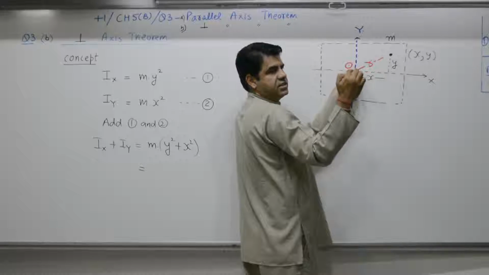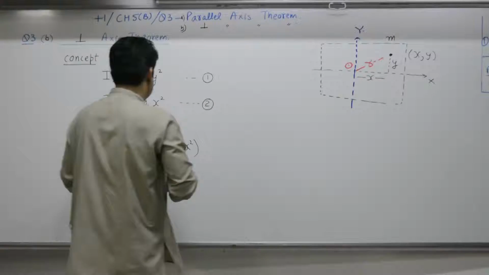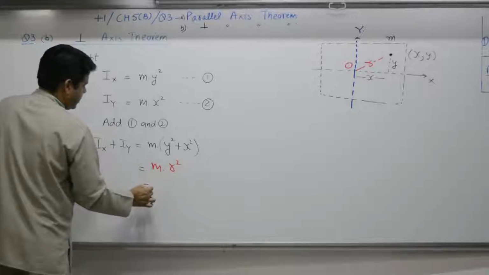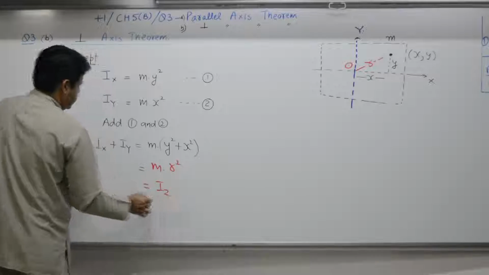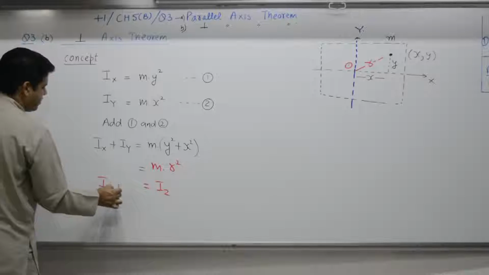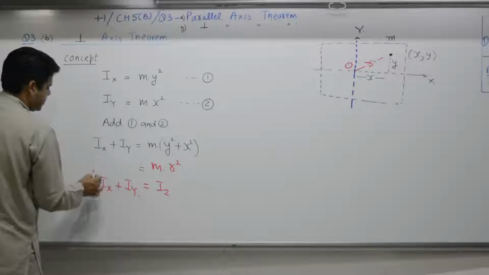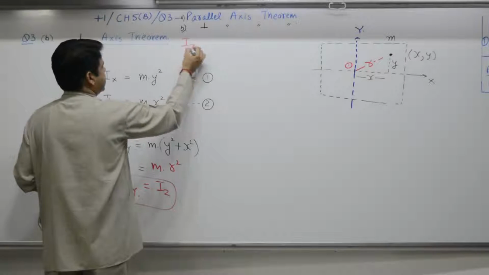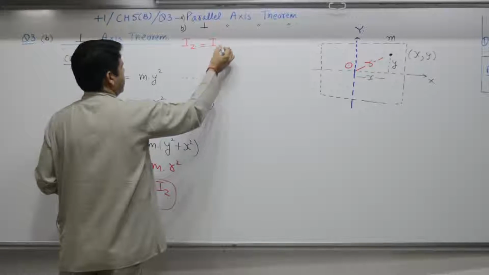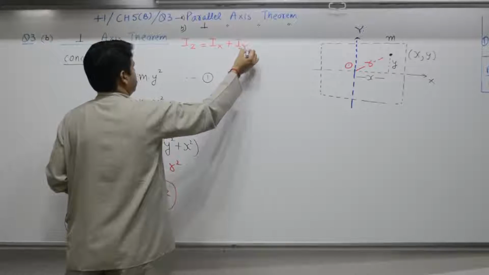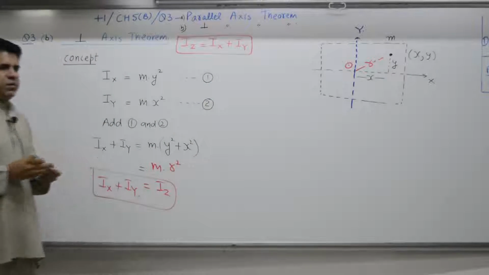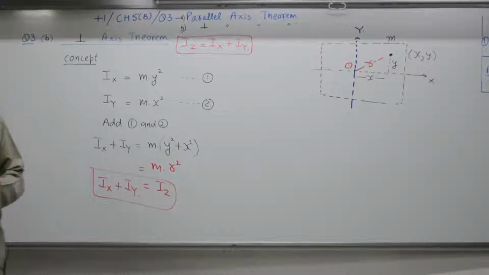Z axis. That is why it is equal to mr square, which is Iz. What is the perpendicular axis theorem? The theorem is that the moment of inertia about the z axis is equal to the moment of inertia about the x axis plus the moment of inertia about the y axis. This is what the perpendicular axis theorem is.